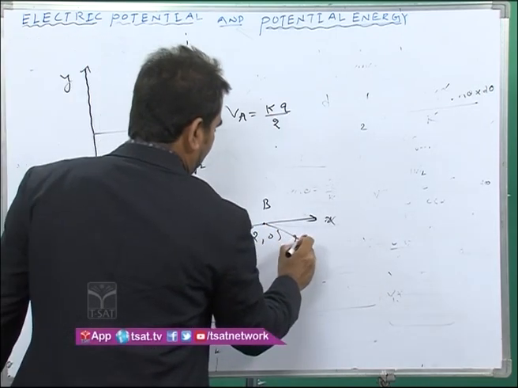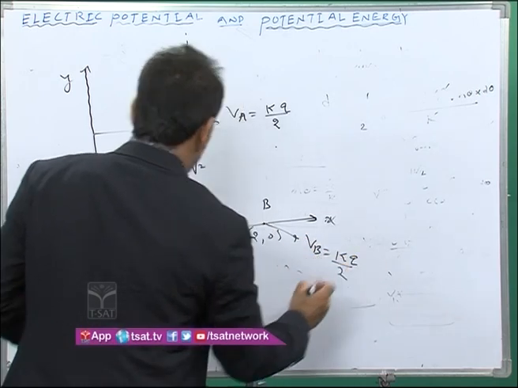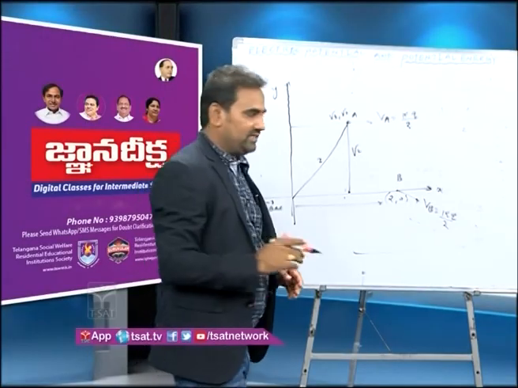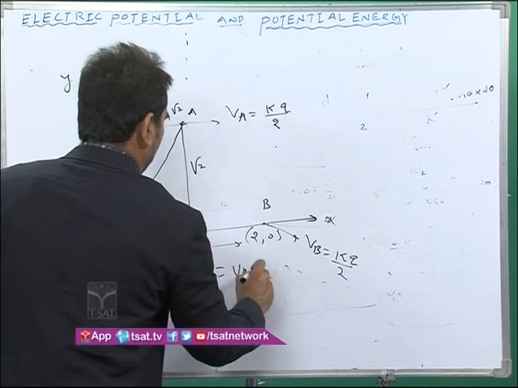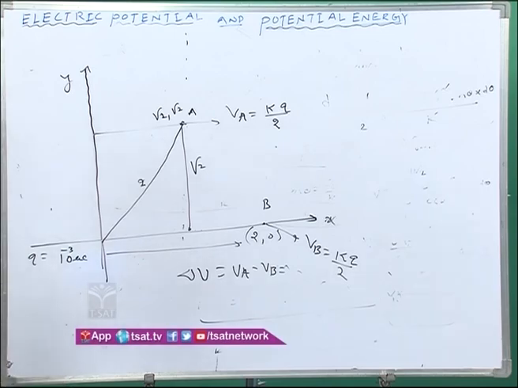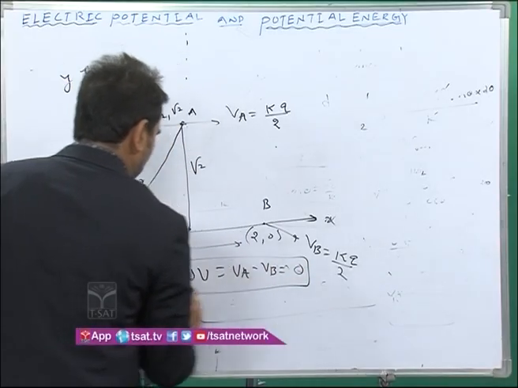Similarly, at point B, V of B is equal to K into Q upon 2, the distance being 2. Therefore, the potential difference is delta V is equal to V of A minus V of B. These both have equal magnitude and same sign. Therefore, the net potential difference is equal to 0.